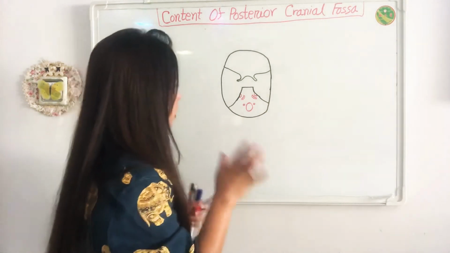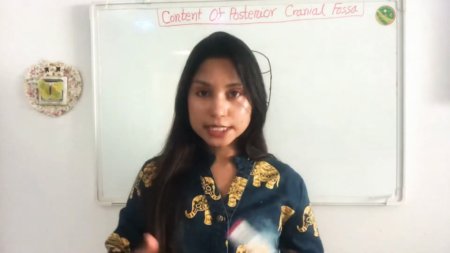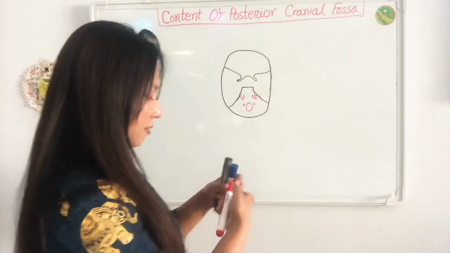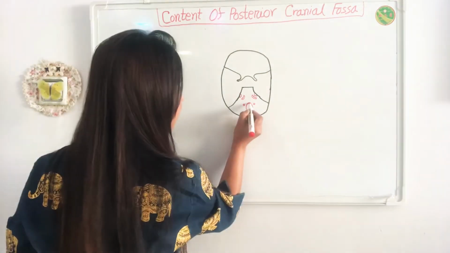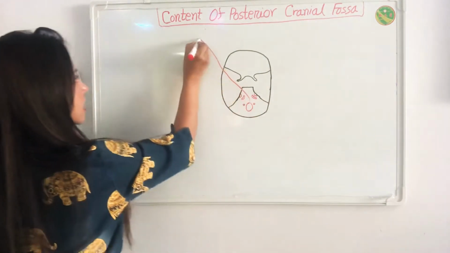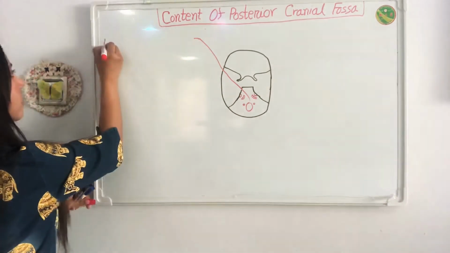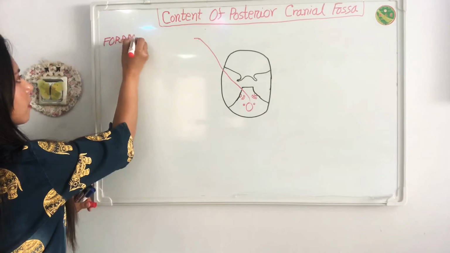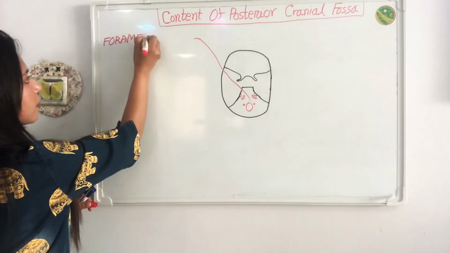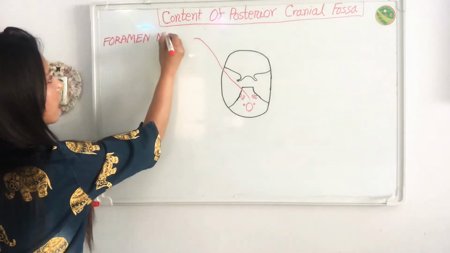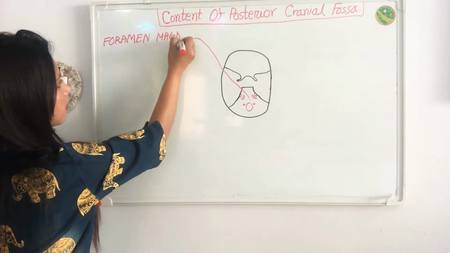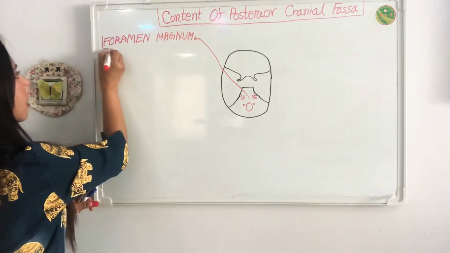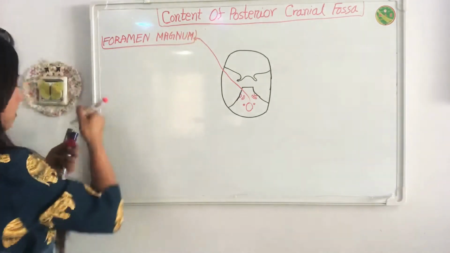Now first we will see which structures pass through the foramen magnum. First write the name: foramen magnum.